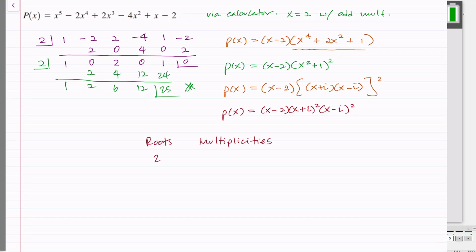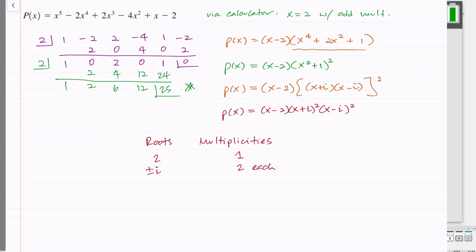You have a root at 2 with a multiplicity of 1. And then you have a root at plus or minus i, and it's 2 each, because the power, of course, on the factor there was 2, right? So a very nice little problem.